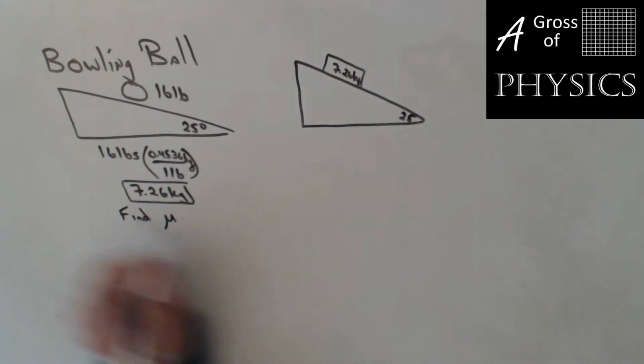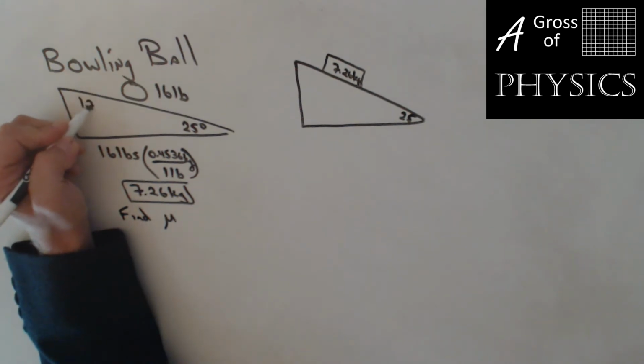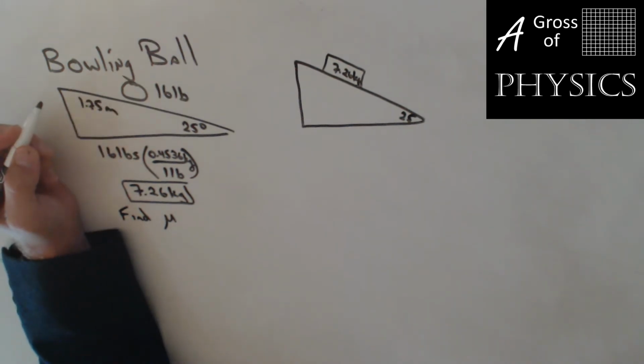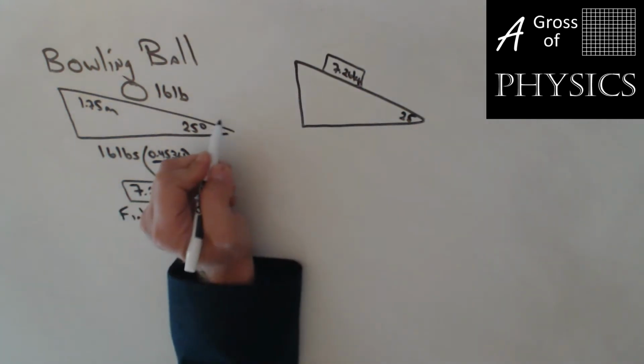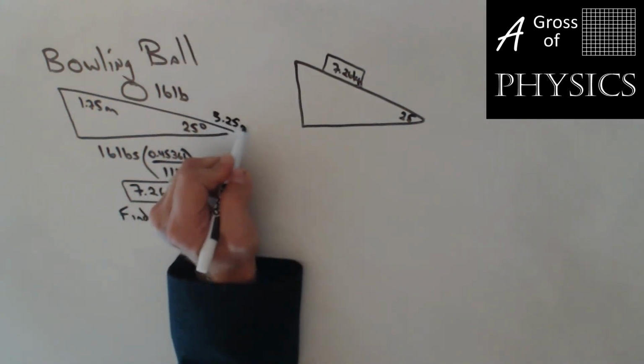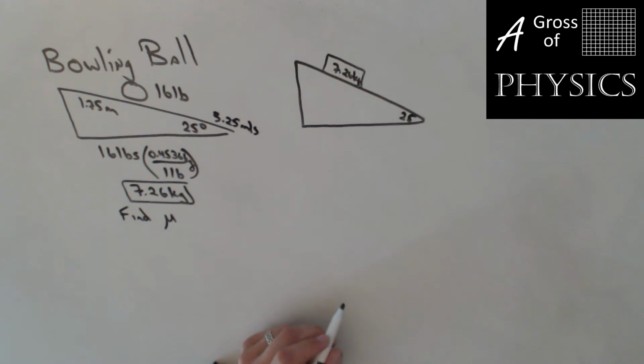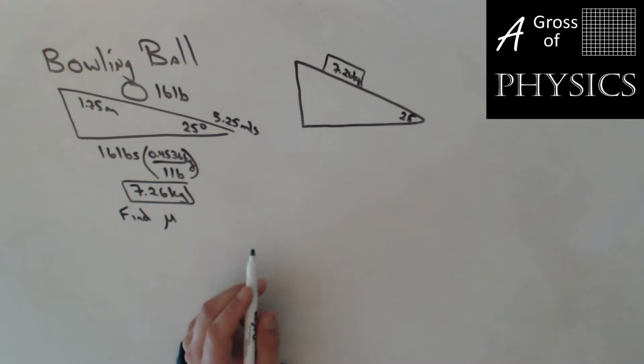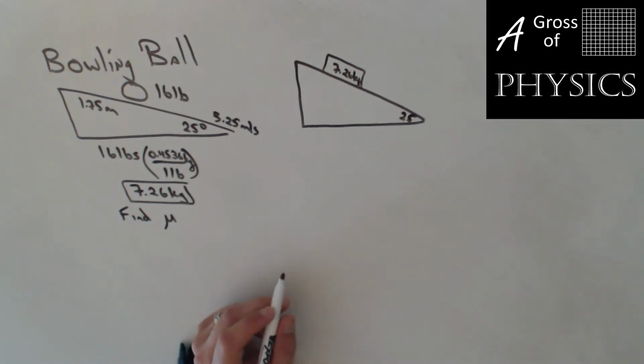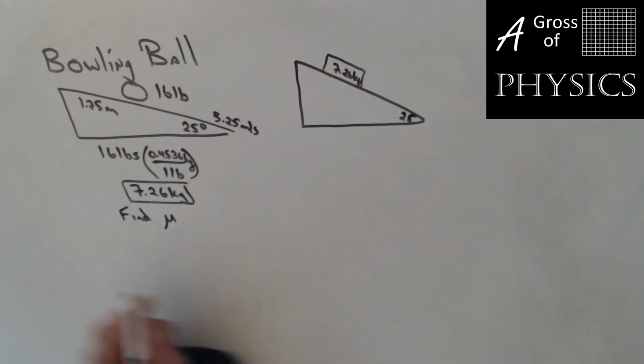We have the length of the ramp, which is 1.75 meters. We have the angle, which is 25 degrees, and we also know it goes 3.25 meters per second at the bottom. Now that information is going to clue me in that we're probably going to be able to find the acceleration with that information. Now I drew the bowling ball as if it were in the middle of the ramp, but the reality is it starts at the top and rolls down the entire ramp.